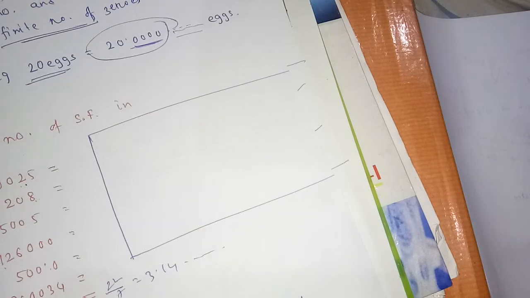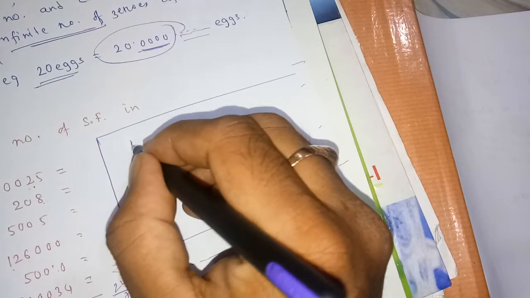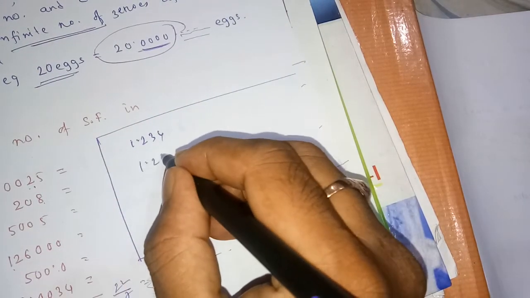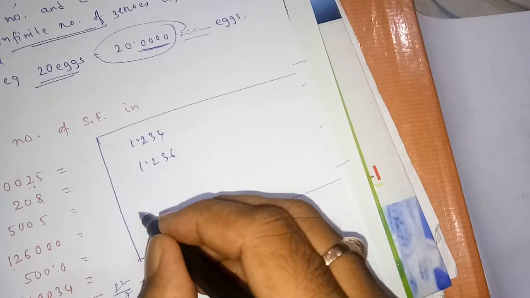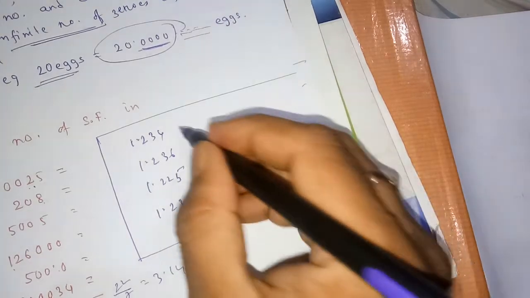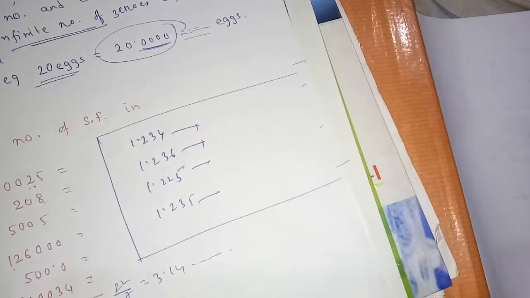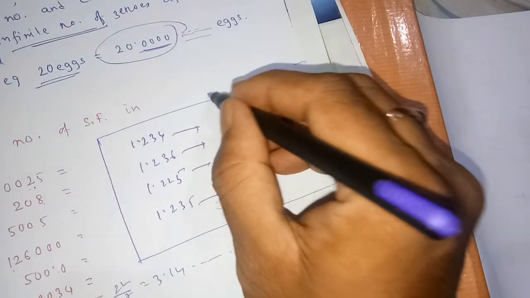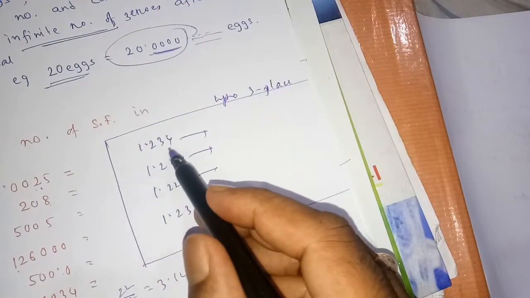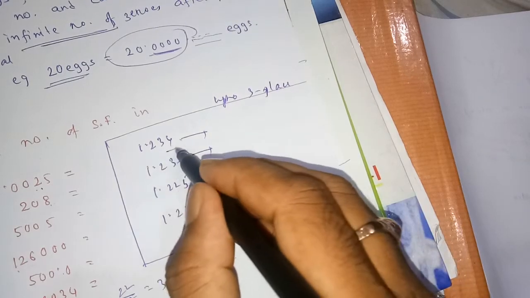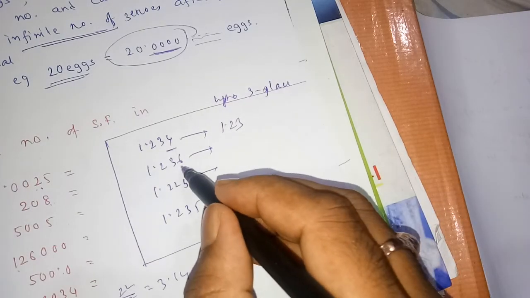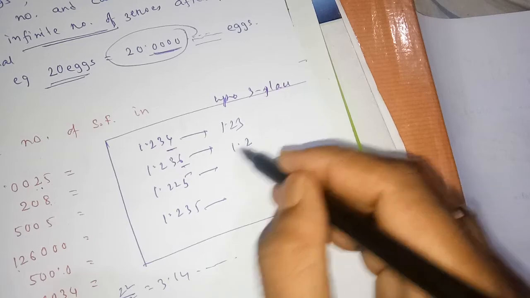For example, if we have 1.236, if we have 1.225, if we have 1.235, and we want to round them up to 3 places. Now for 1.234, if this digit is less than 5, the answer will remain as it is. If this digit is more than 5, then you have to add 1 there.